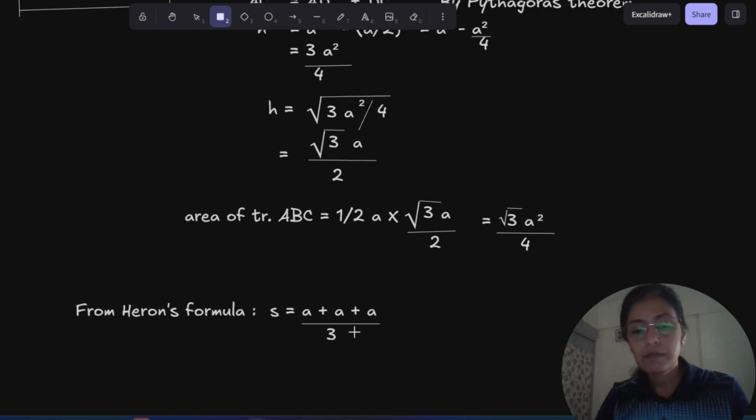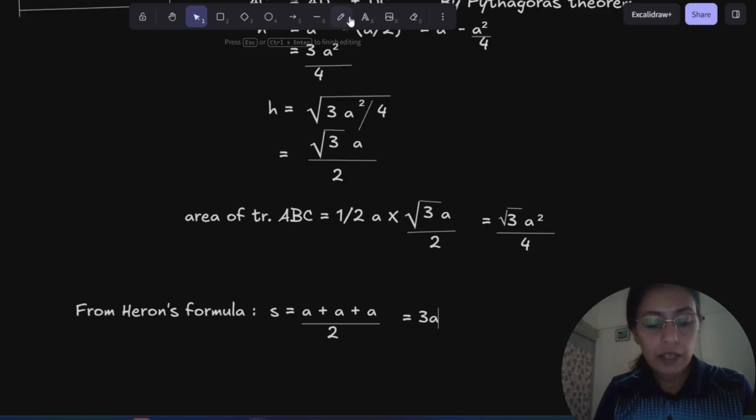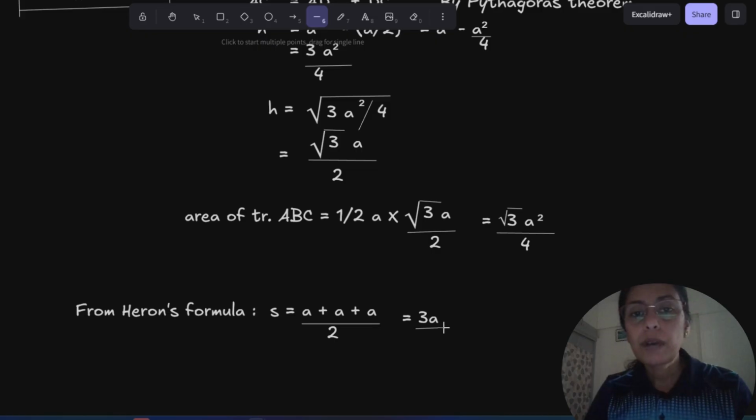Semi means it's the semi-perimeter, so it is divided by 2. Which will make it 3 times A by 2.